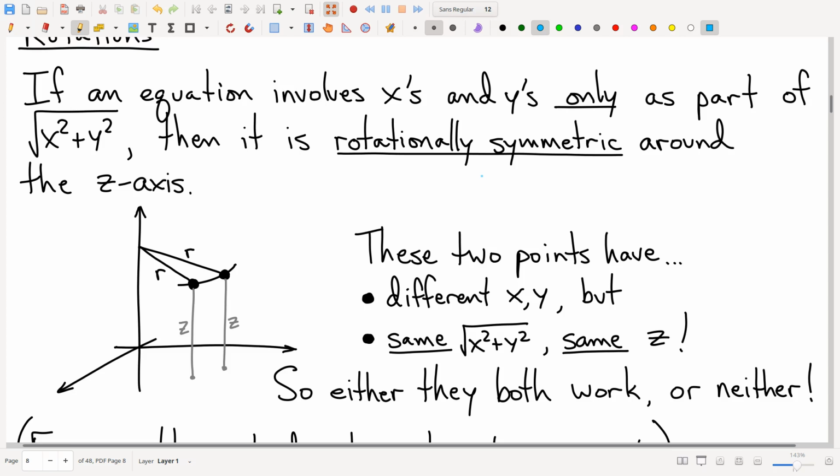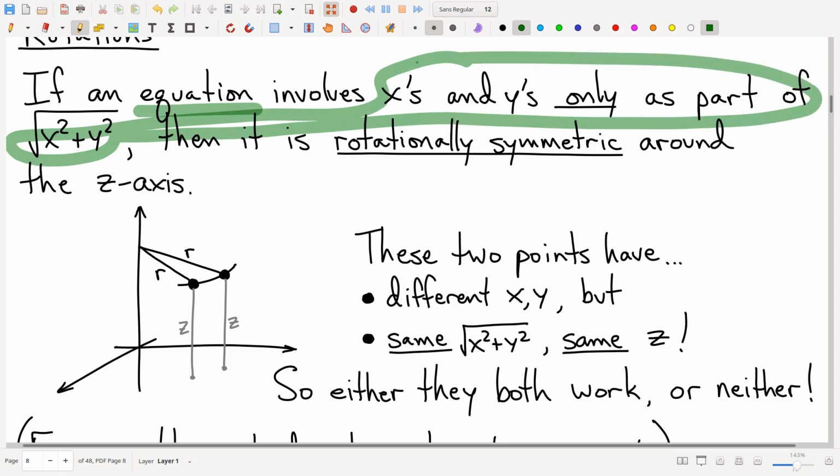So here's another one. If you have an equation of three variables, and if that equation involves x's and y's only as part of this expression right here, this is a very important, specific, critical expression.